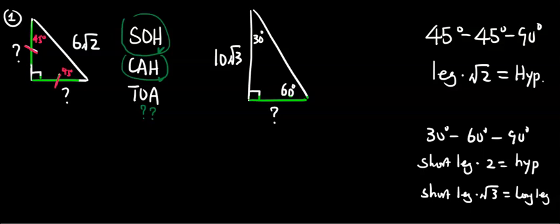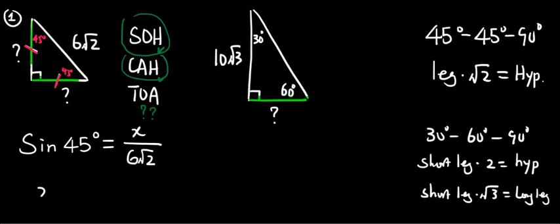All right, so you pick which one you would like to use. I will only demonstrate one here. I'm going to use sine of angle 45, which is opposite, which we don't know, over hypotenuse, which means x is sine 45 times 6 square root 2.